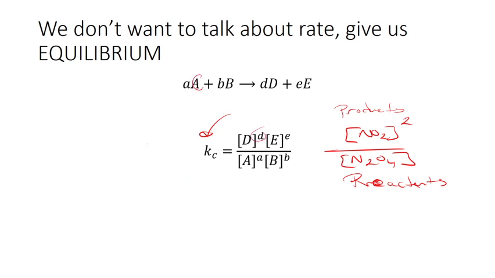So A with a balancing number of a becomes the concentration of A to the a. That's what these brackets are telling us, concentration.